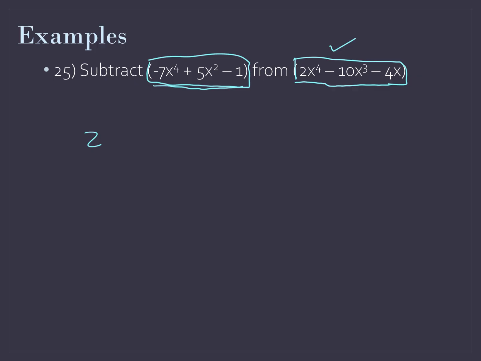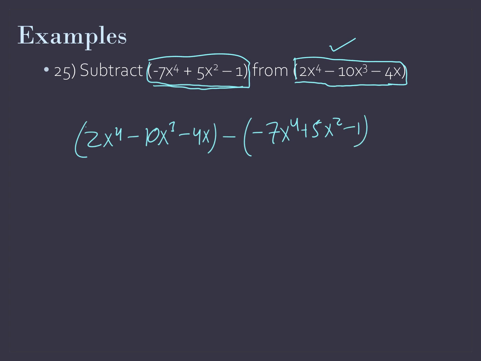So I'm going to start with this, right? If I'm taking away from this polynomial, then that means I'm subtracting it. So this is going to be this polynomial first minus negative 7x to the fourth plus 5x squared minus 1.